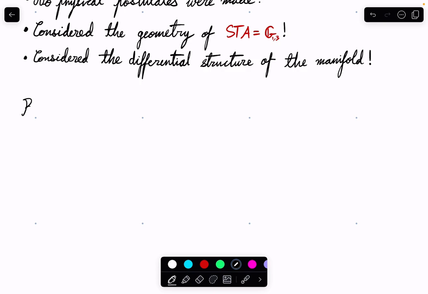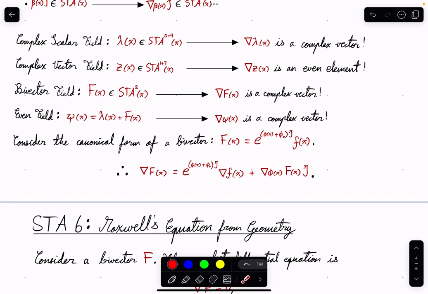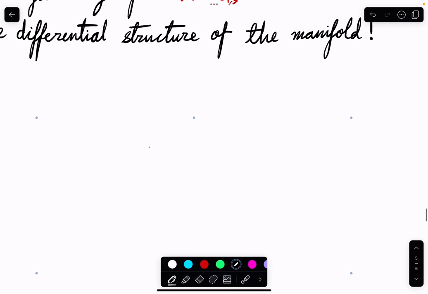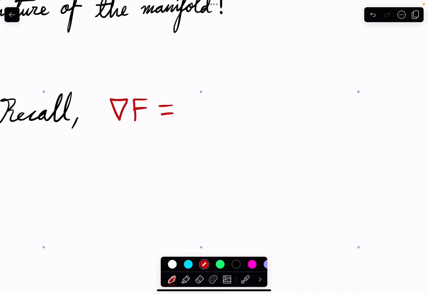So recall from the last video that if you have a bivector field, then the gradient of it is a complex vector. So recall, the gradient of the bivector field is equal to some vector J1 plus some vector J2, which has the pseudoscalar times it.